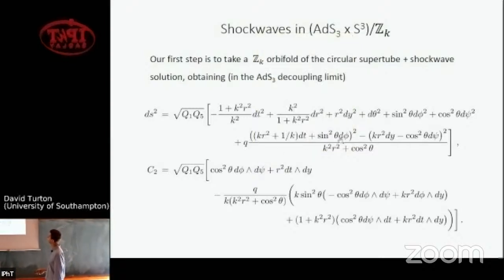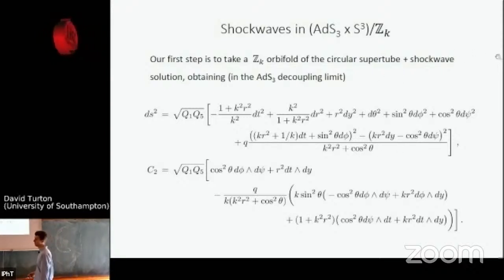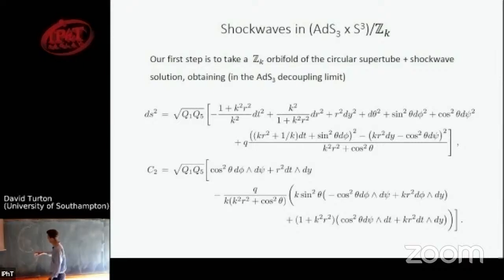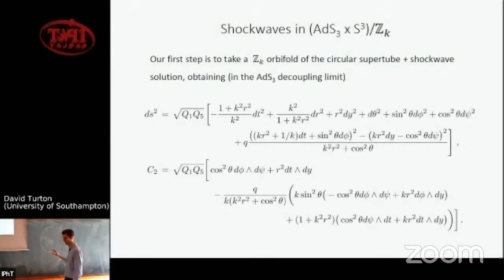With a Zk orbifold, yeah. It's easier to see. I haven't written it for you, but it's easier to see at the level of the harmonic function decomposition. If you write the H, K, A, then it's exactly what you would do.